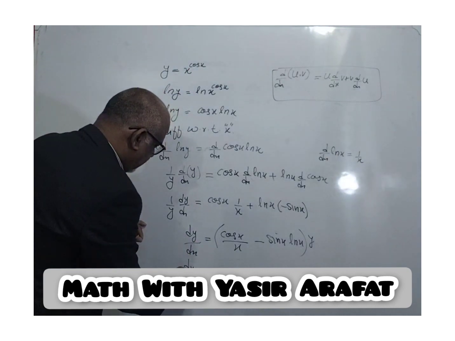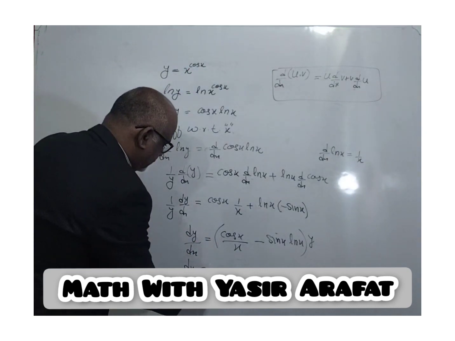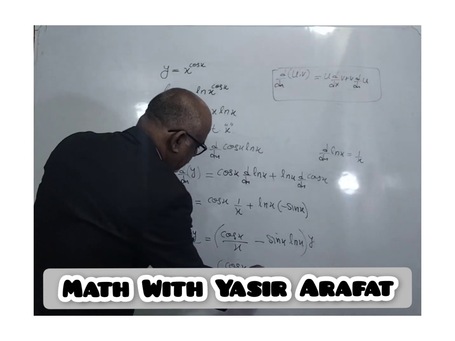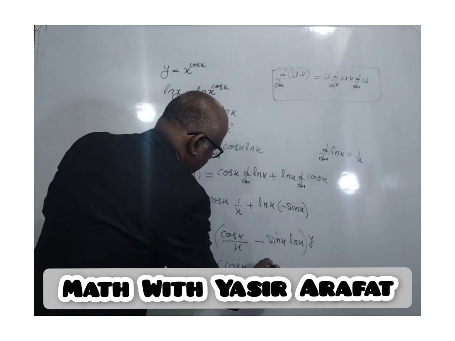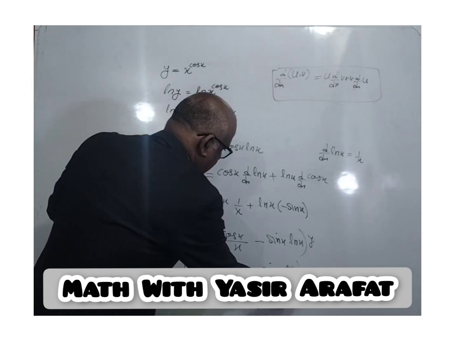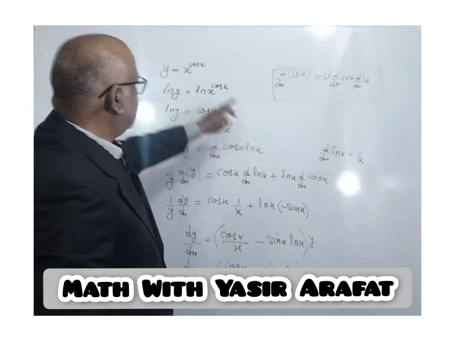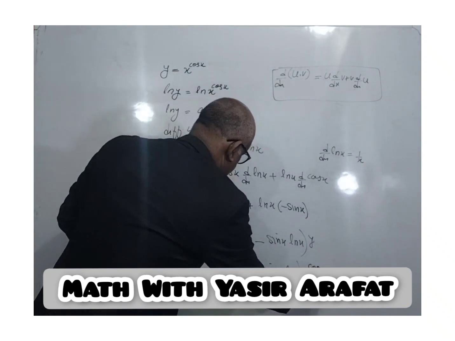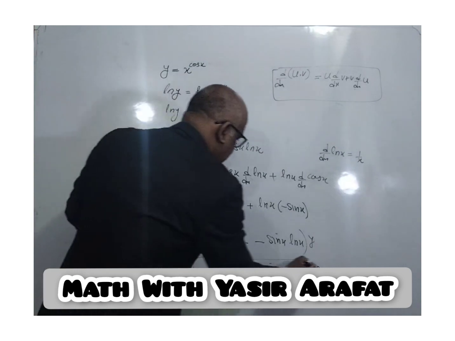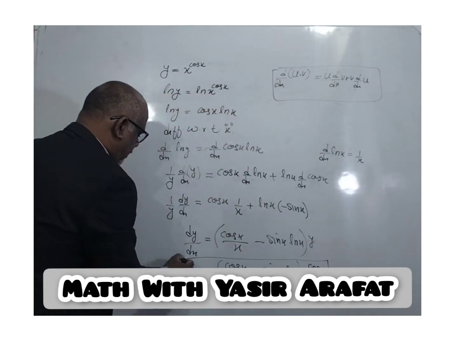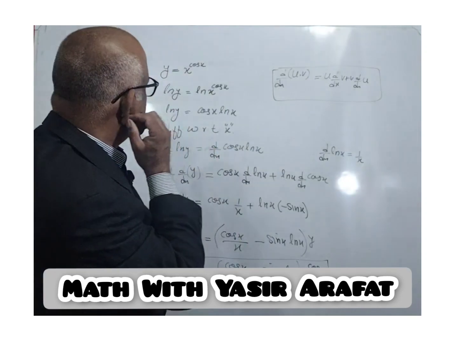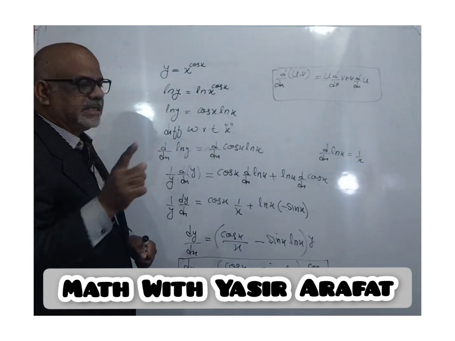So this is dy upon dx, where we put the value of y, that is equal to x power cos x. This is the derivative of the general exponential function here.